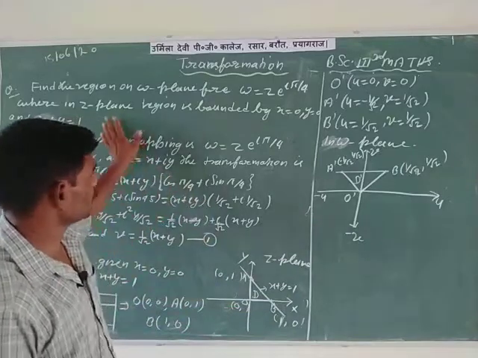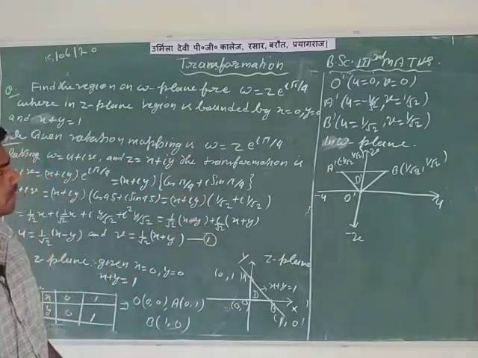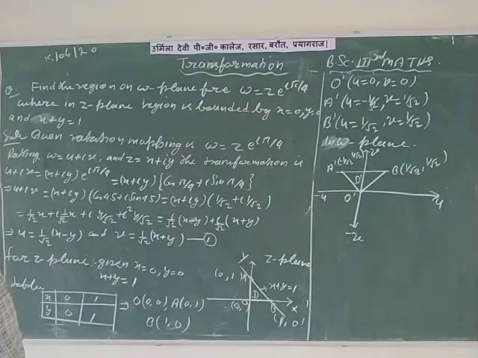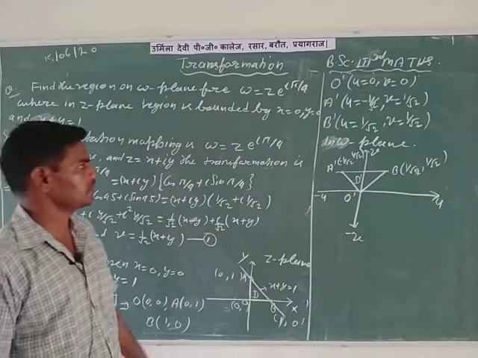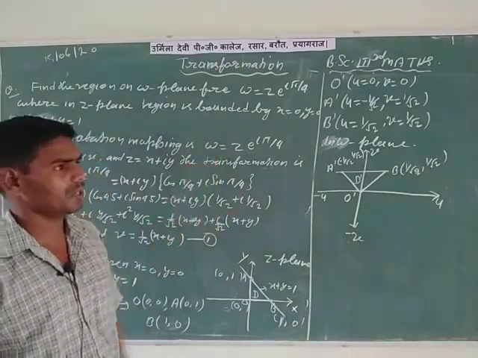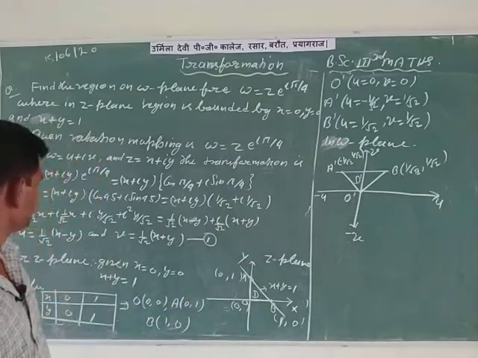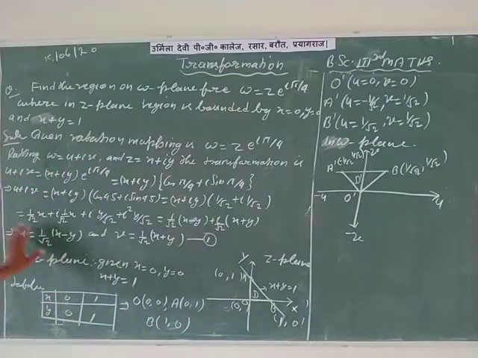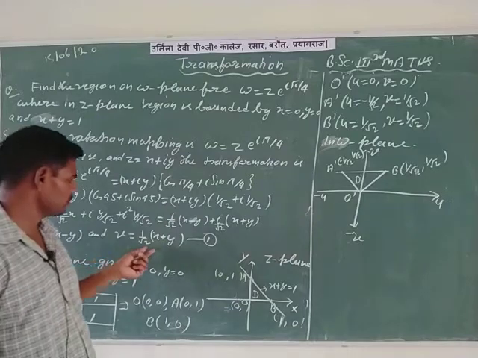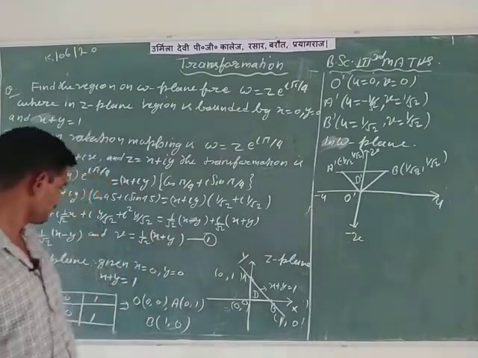So in this question, given a rotation mapping W is equal to Z times e to the power i pi by 4, we first simplify the mapping. After putting W is equal to u plus iv and Z is equal to x plus iy, simplification gives u is equal to 1 by under root 2 times x minus y, and v is equal to 1 by under root 2 times x plus y.